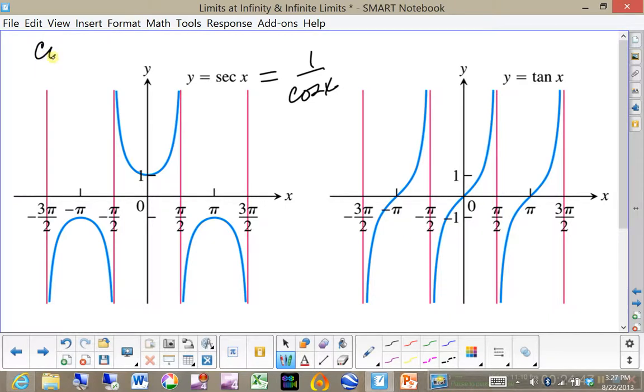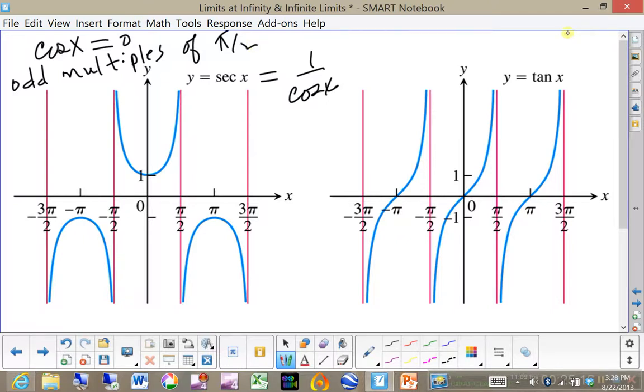and cosine of x equals 0 for odd multiples of pi over 2. So as you can see, you can put this in your calculator and see that you have vertical asymptotes at odd multiples of pi over 2.